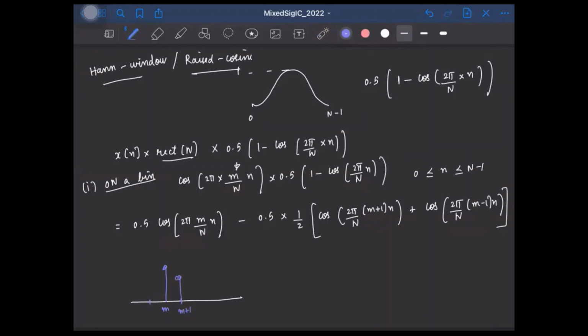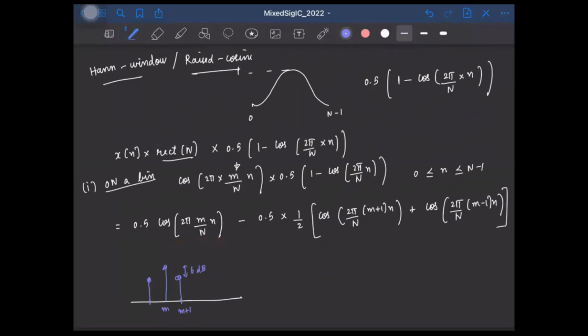Similarly, at m minus 1, we'll have an impulse, right? And we can clearly see that the strength of these two sinusoids is 2 times smaller than the main sinusoid, right? So this will be 6 dB lower if you take it in the log scale.